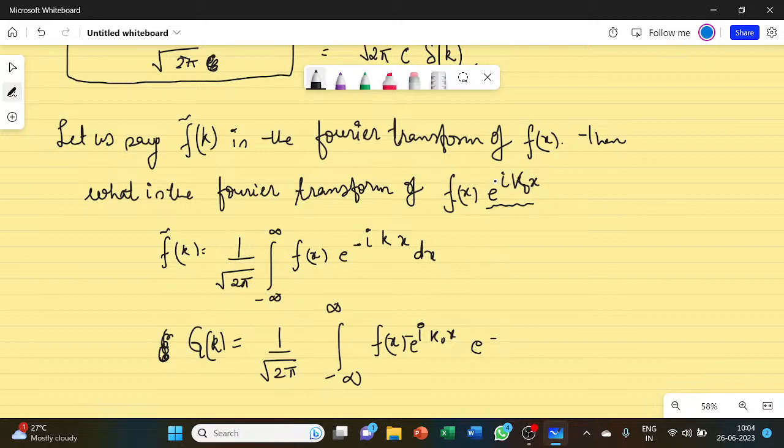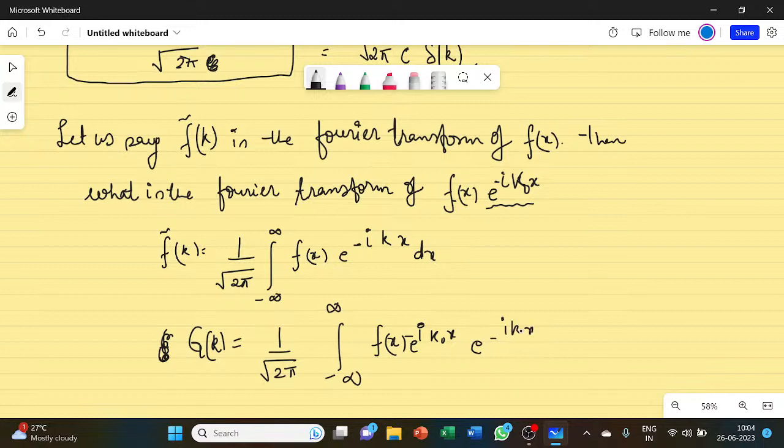I should have written minus here. So if I want to find the Fourier transform of e to the power minus iota k naught x into f of x, then how will things behave?